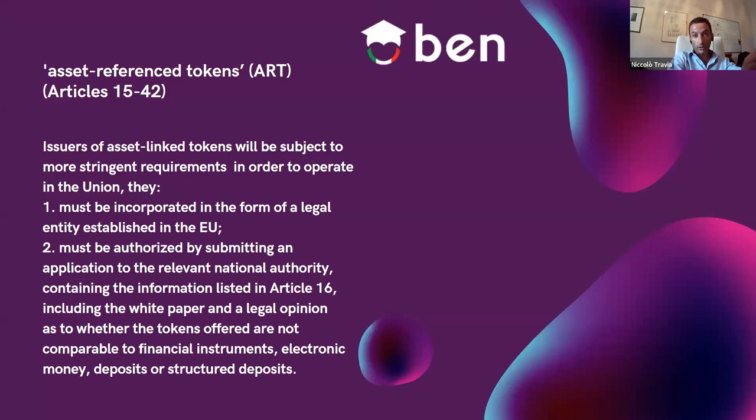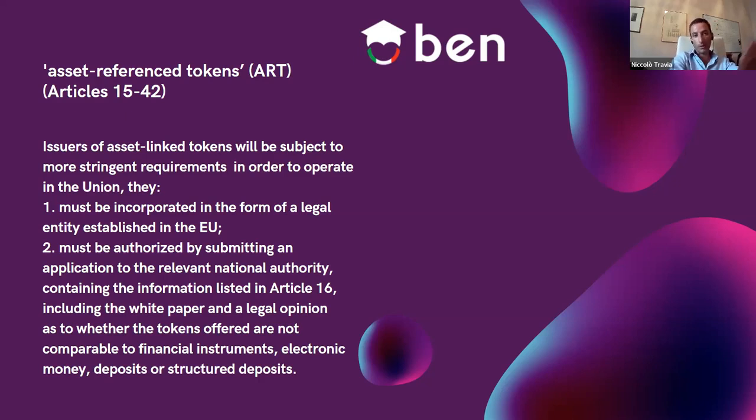Security tokens are not considered in the scope of MiCA because for security tokens, the securities directives and regulations will apply, so basically MiFID II and the other regulations that specifically apply to financial instruments.